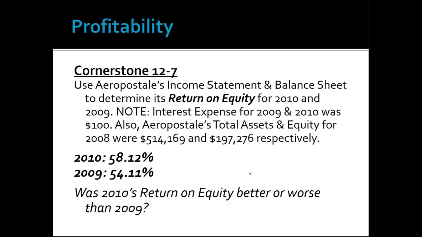A little bit better. Overall, in terms of profitability, Aeropostale was more profitable, by and large, in 2010 than in 2009. For every dollar of equity, every dollar of assets, every dollar of sales, on almost all counts, this company was more profitable in 2010 than in 2009.